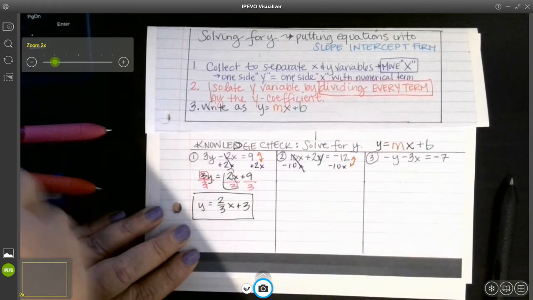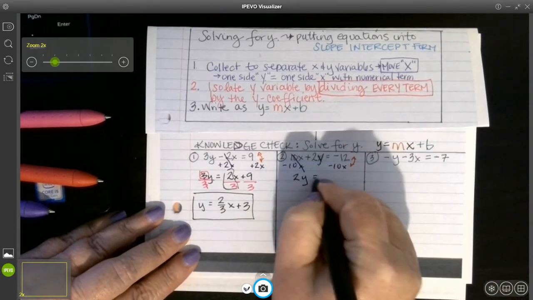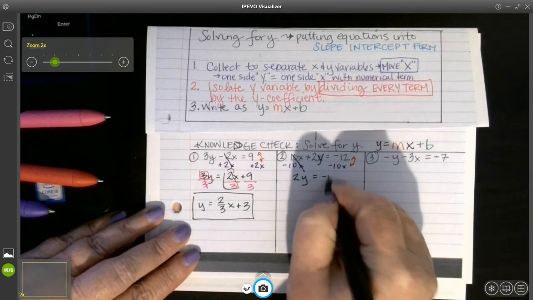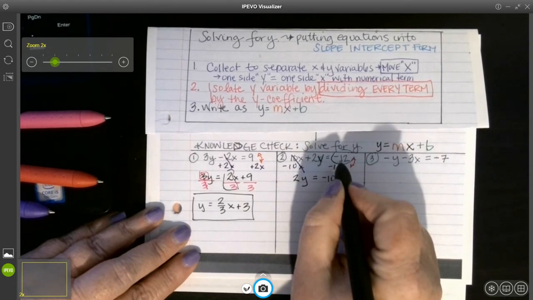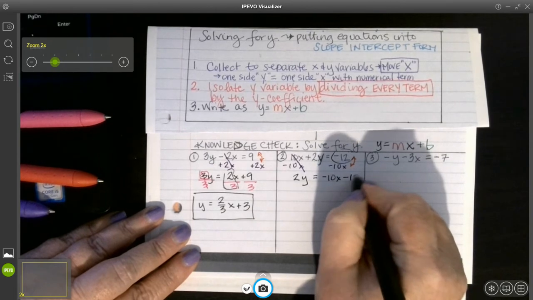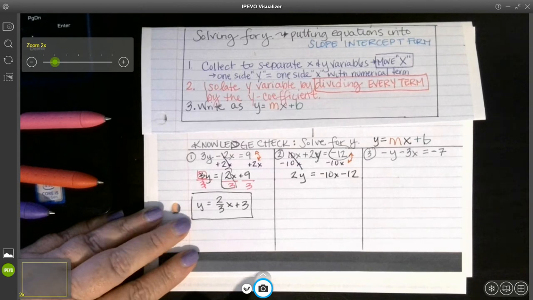These cancel each other out, and I have 2y equals negative 10x, and then I got to make sure that I keep this minus 12. That negative 12 turns into a minus 12.